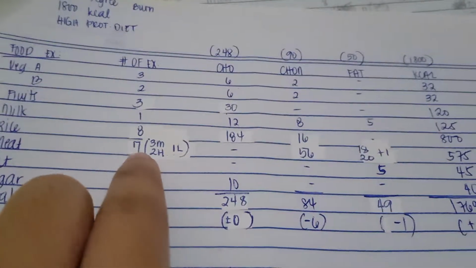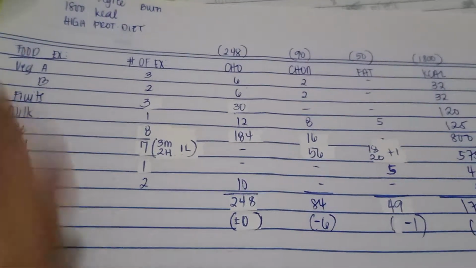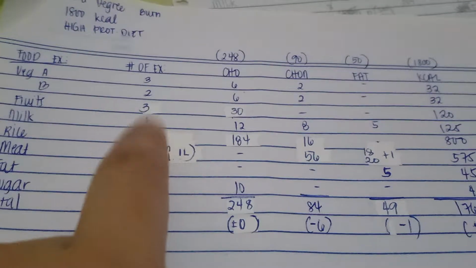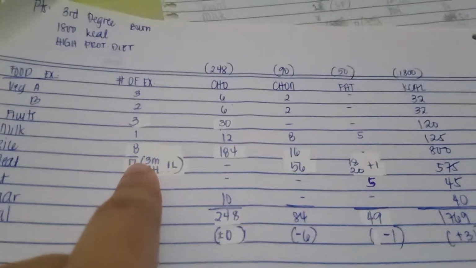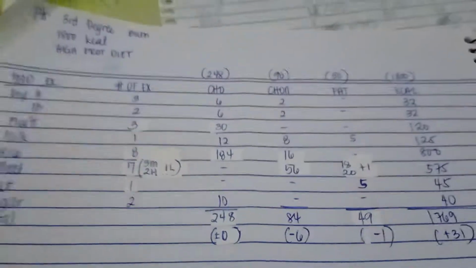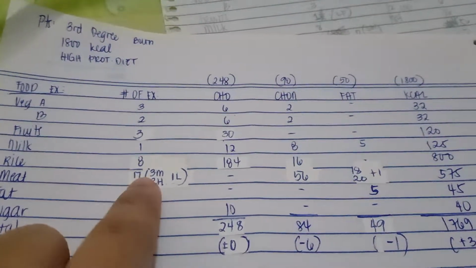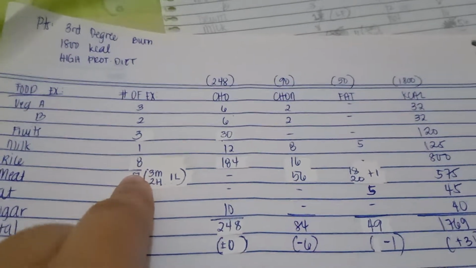As for rice, we have 8 exchanges of rice. Remember that 1 exchange of rice here is equivalent to 1/2 cup. Meaning, 2 exchanges of rice is equals to 1 cup. That's why 8 exchanges of rice here is equivalent to 4 cups.